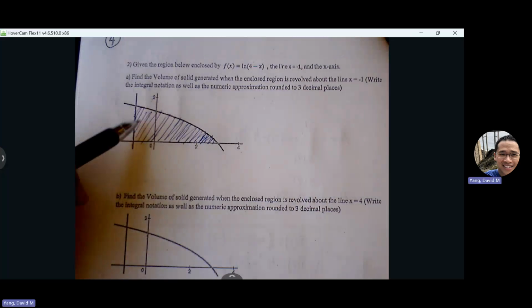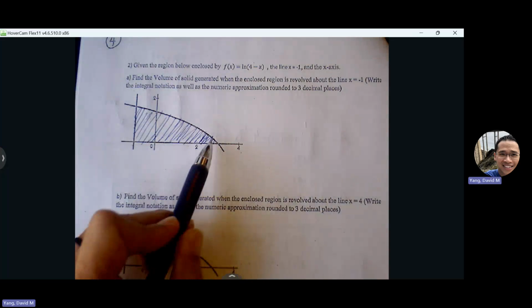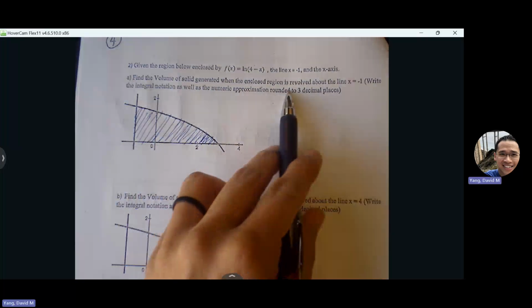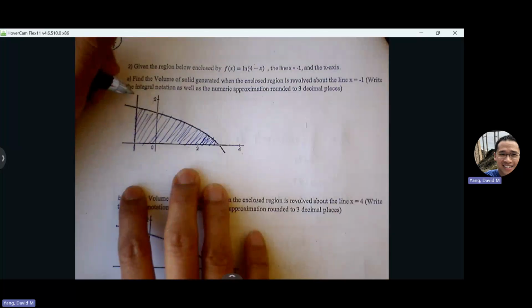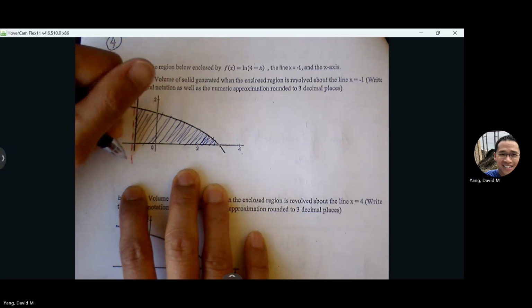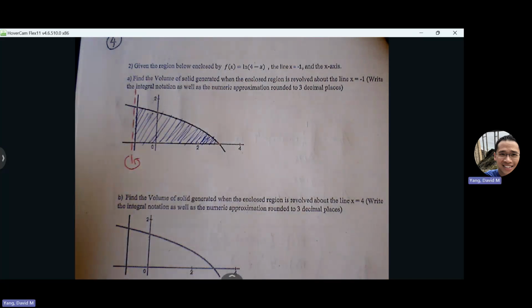Okay, so here's x equals -1. Here is the natural log of 4 minus x. Here's the x-axis. So our shaded region is here. We're revolving about the line x equals -1. So that's here. Look at that location between the axis and the shaded region. What does this tell you? This method, yeah.